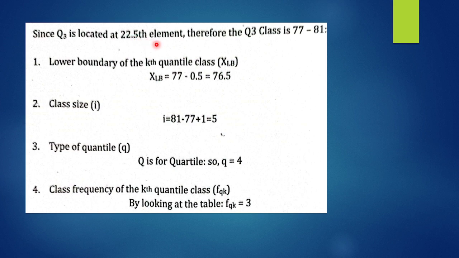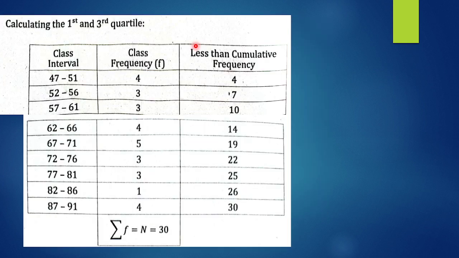So, the 22.5th element, therefore the Q3 class is 77 to 81. So this one, 22.5 goes beyond 22. So here, 77 to 81. Our FQK for this quartile is 3, and our less CFB, or before, is 22.